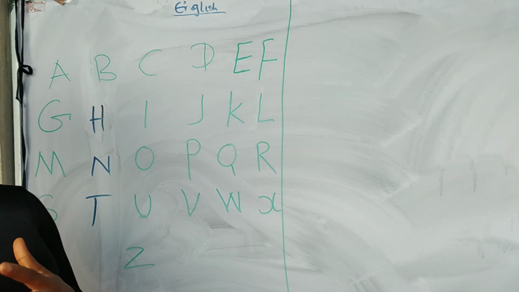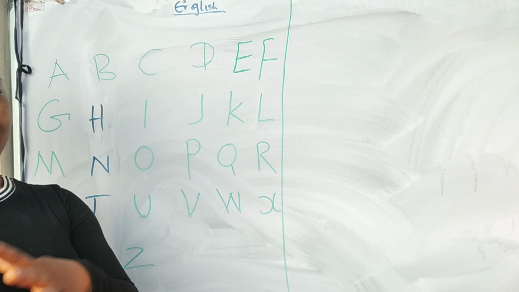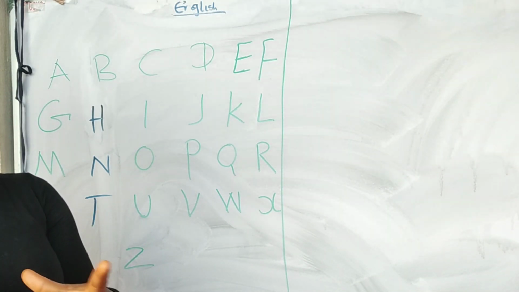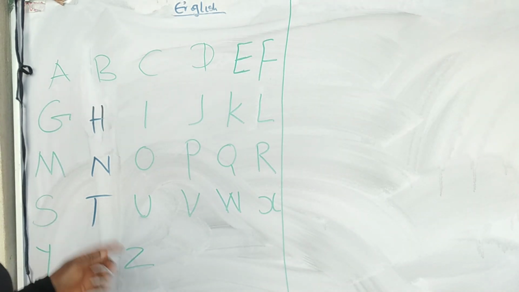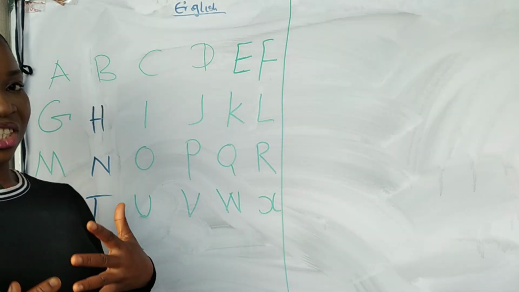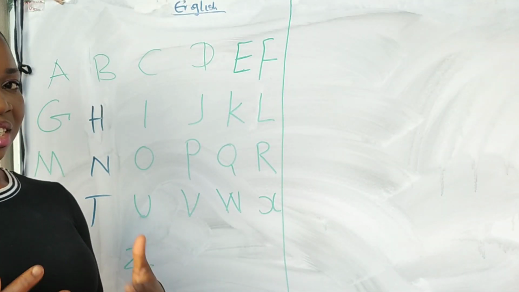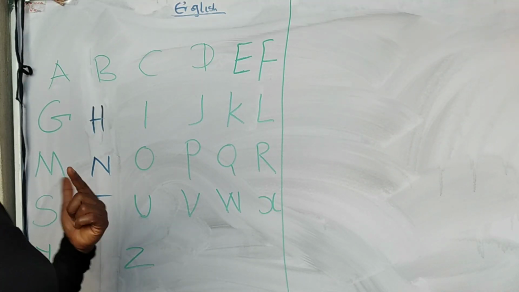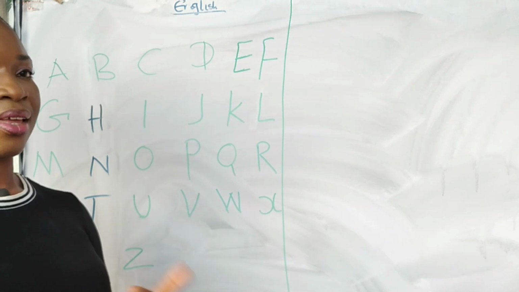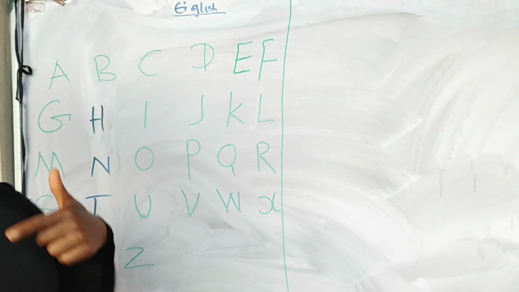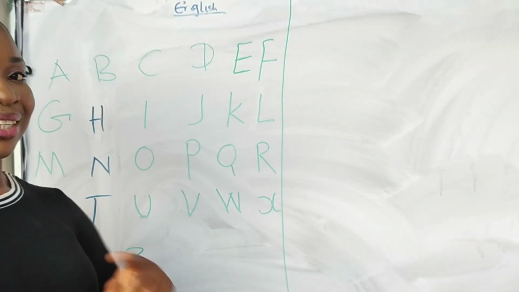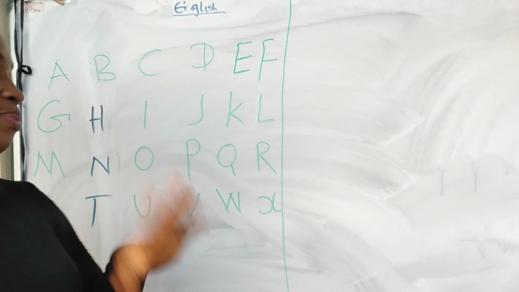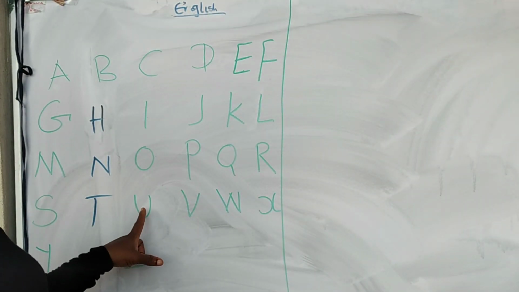So you have S as in scent, and I have the C as in cinnamon. Now we have T. We have thin, thick. Okay, now this is U.